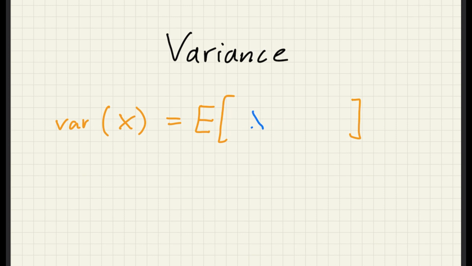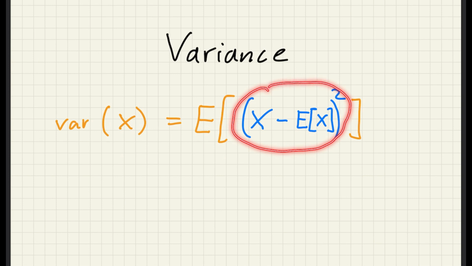We take x, then we subtract its expectation, which is just a number, so we subtract a certain number, then we square the result, and this, the blue part, defines a new random variable over which we can take an expectation.